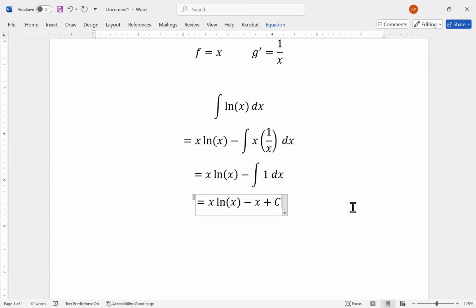So if you look up the antiderivative for natural log of x, or if you look up how to do an indefinite integral of natural log of x, it'll give you this formula that says the antiderivative of natural log of x is x times natural log of x minus x plus some constant.